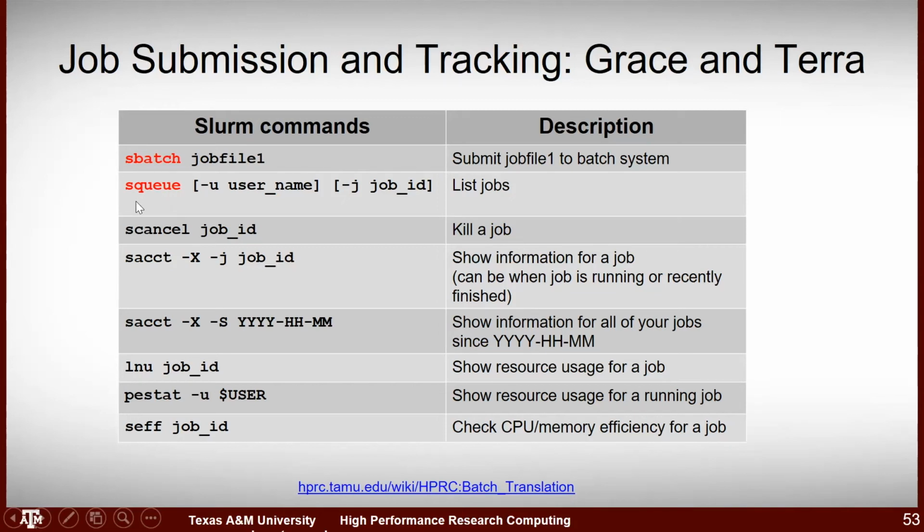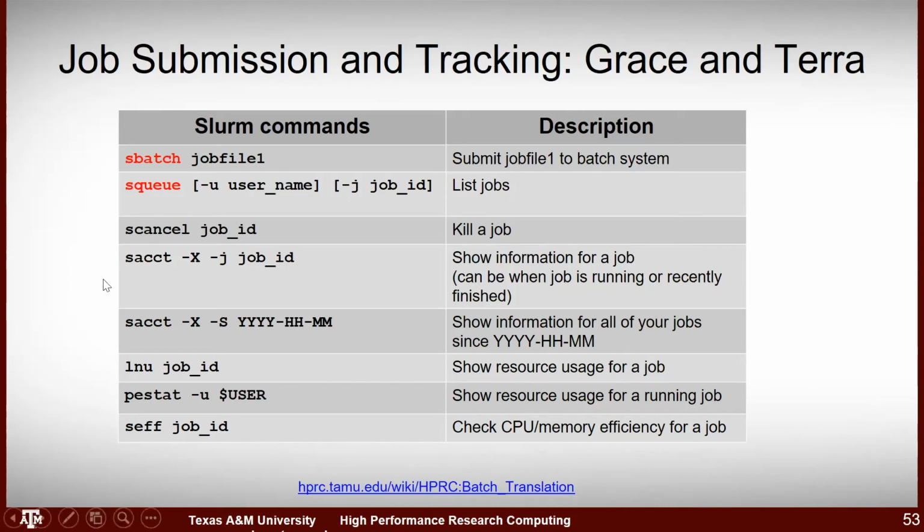Oh my goodness, the word queue, not the letter Q. The word queue is the command for checking on jobs. And then you probably want to provide the username argument. Otherwise you're looking at everyone's jobs and it's just like, there's 100 of them. You don't want to scroll through 100 of them. So you do squeue space -u space your net ID, and that will list your current jobs to tell you which ones are pending, running on a node, and then when they complete, they go away.